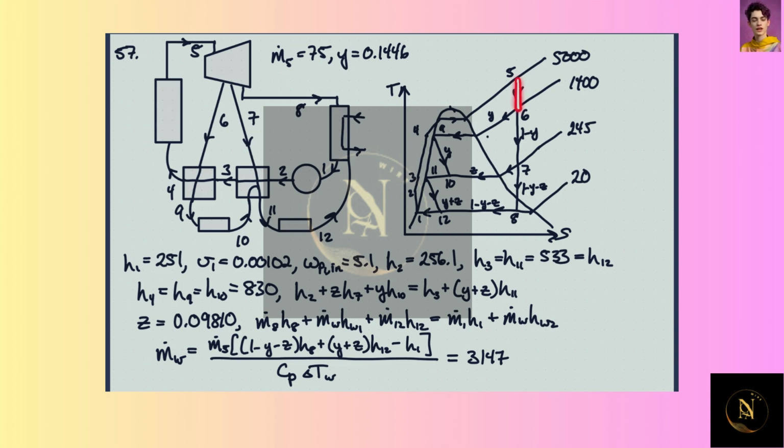Come into the turbine. Some comes off here, so the fraction y comes off here, and we have 1 minus y continuing through the turbine. Then we have another fraction z coming off at 7, and we have 1 minus y minus z continuing through the turbine. Then we have 1 minus y minus z going into the condenser.